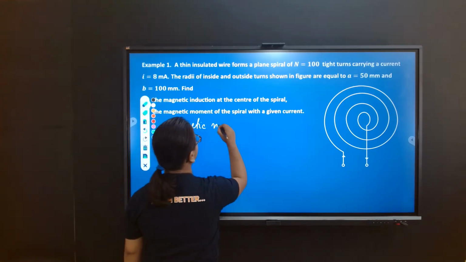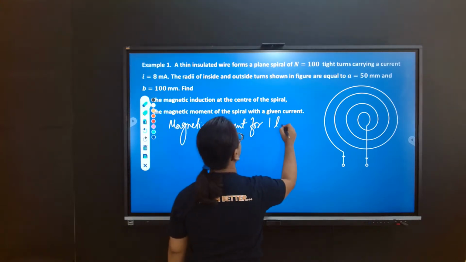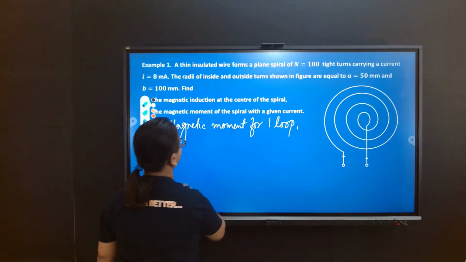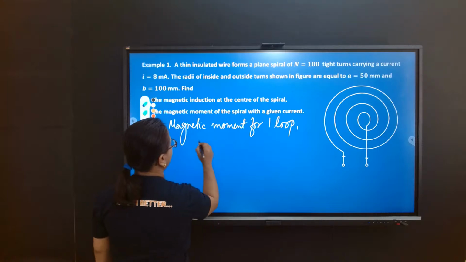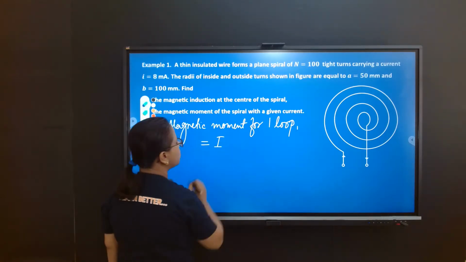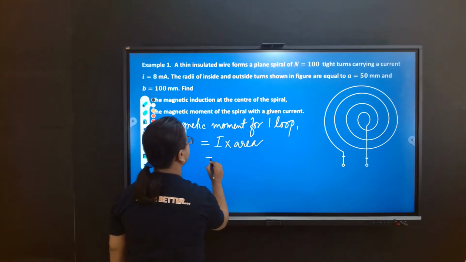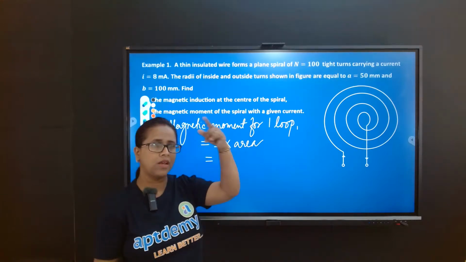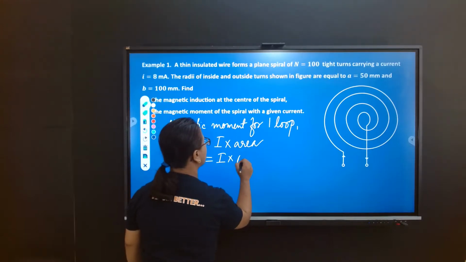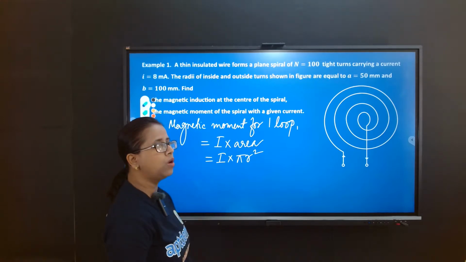For one loop, we may write the magnetic moment as equal to the current multiplied with the area. Now for a single circular loop or a single turn of the circular coil, the area is nothing but equal to pi r square, where r is the radius of the circular coil.